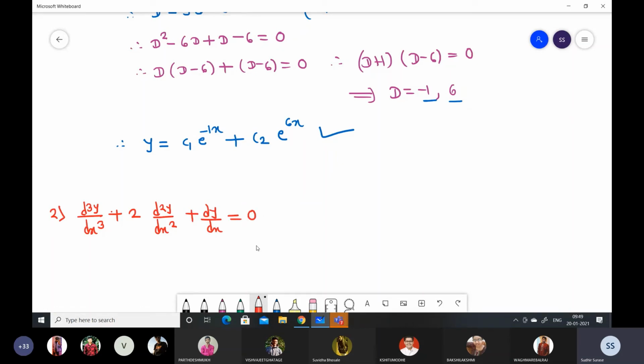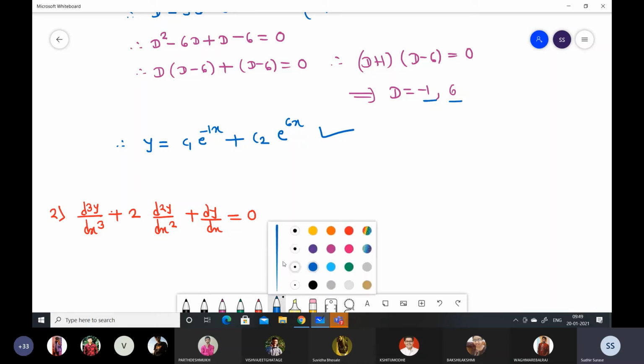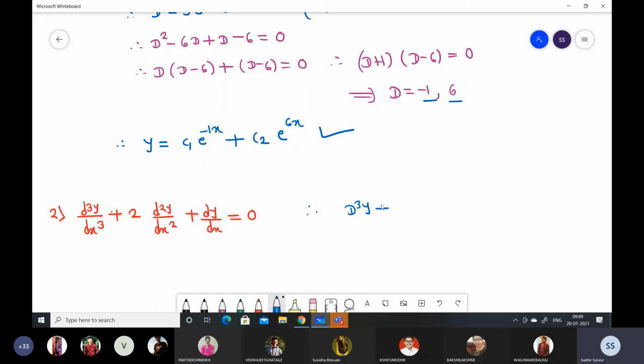Now here, in terms of capital D notation, I'll write directly: d cube y plus 2 times d square y plus d times y is equal to 0. Now I'll take y common, so d cube plus 2 times d square plus capital D, times y, is equal to 0, and therefore the auxiliary equation is d cube plus 2 times d square plus d is equal to 0.